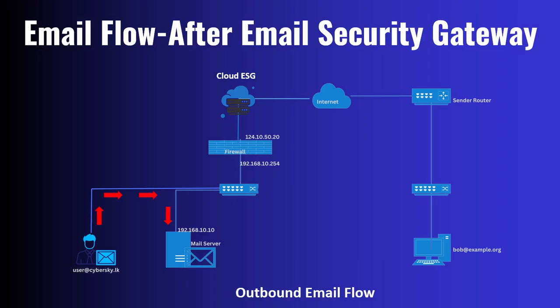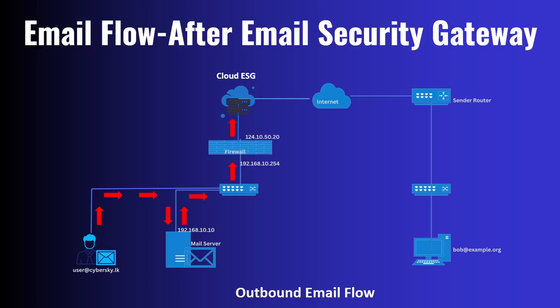Earlier, without the email security gateway, it would go directly to the internet. Now you have changed the connector settings to the Cloud ESG, so it goes directly into the Cloud ESG.